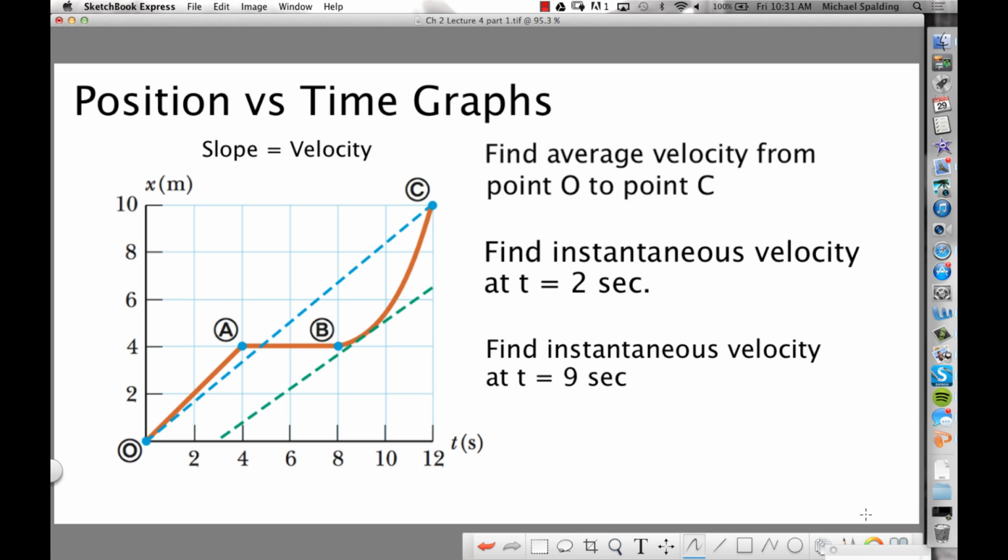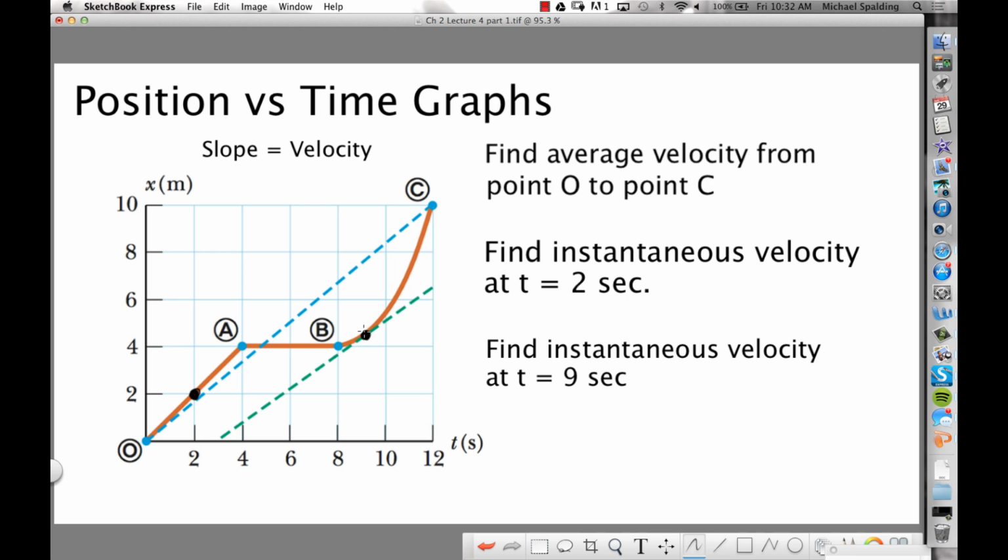Okay, so find the average velocity from point O to point C, then find the instantaneous velocity at t equals 2, which is right here, and then find the instantaneous velocity at t equals 9, which is right there. Now, real quickly, yesterday I talked about the difference between average and instantaneous.